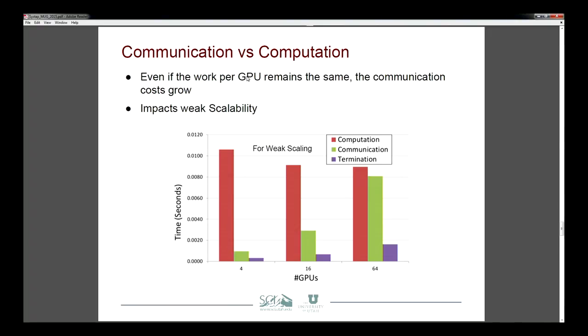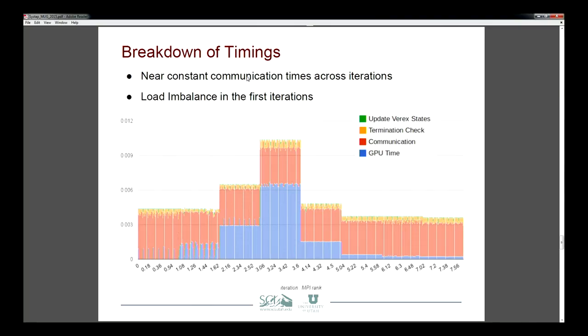One of the issues we have for scaling is we use the bitmap for the frontier, which means that every step we're communicating exactly the same size message, even if the frontier consists of a very small number of vertices. So even if only a few vertices are active, we still have to communicate the same amount of data, which you can see here.